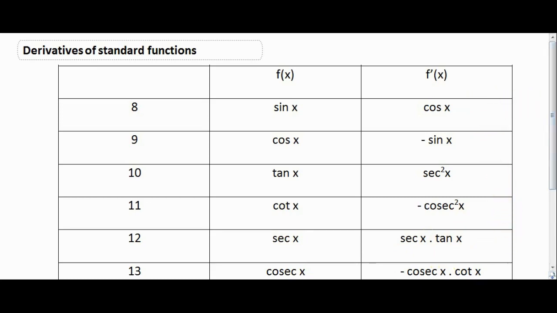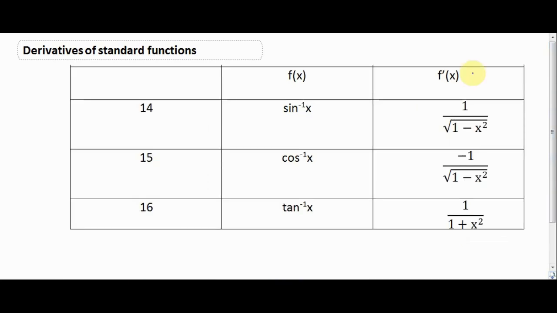Okay, now let's proceed to the next set, that is derivatives of inverse trigonometric functions. If f of x is sine inverse of x, then f dash of x will be 1 by root over 1 minus x square, and derivative of cos inverse of x will be equal to minus 1 divided by root over 1 minus x square, and derivative of tan inverse of x is 1 by 1 plus x square.